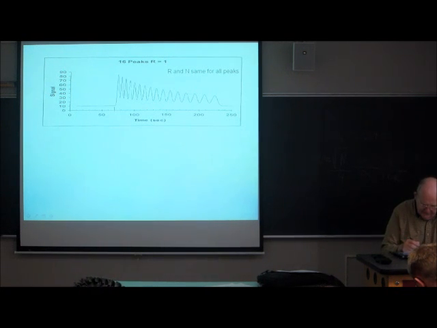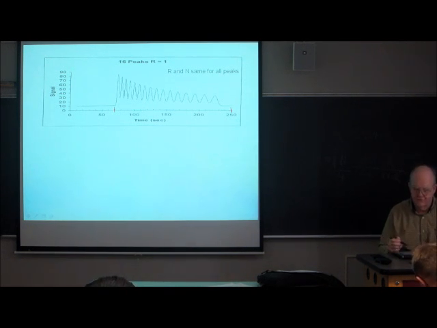I've got 2 times, this time and this time. I'm going to construct a bunch of peaks, and I'm going to use the same R for all pairs of peaks, and in this case R is going to be 1. I'm going to assign the same plate count to all of the peaks.